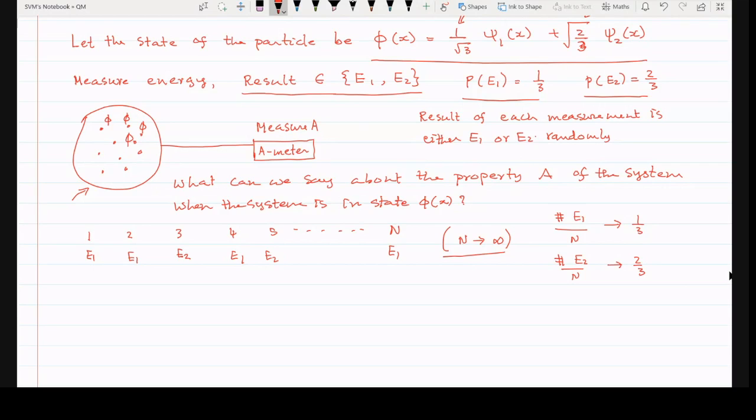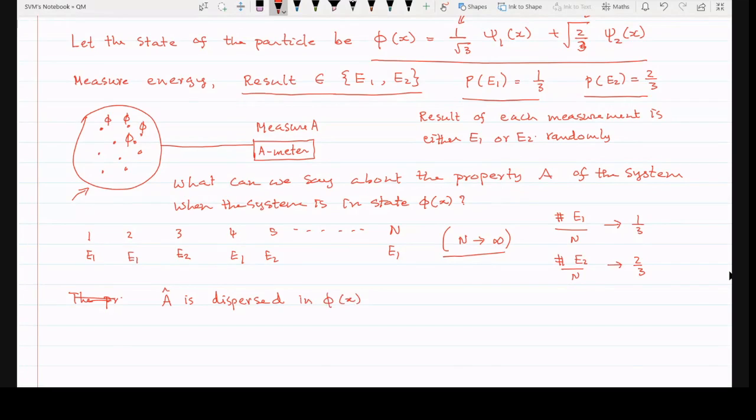So what we say in this case is that this property A is dispersed in the state phi of x, because we are not getting one result.